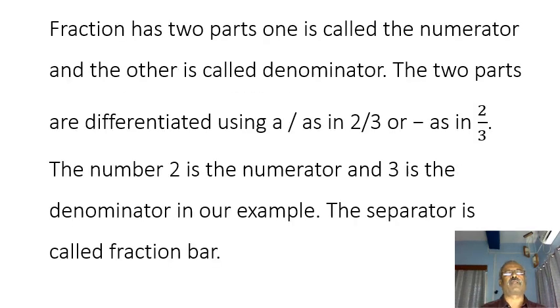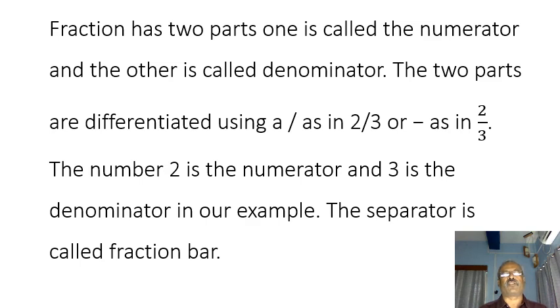A fraction has two parts. One is called the numerator and the other is called the denominator. The two parts are differentiated by using a slash, as in 2/3, or a bar, as in 2 bar 3. The number 2 is the numerator and 3 is the denominator in our example.